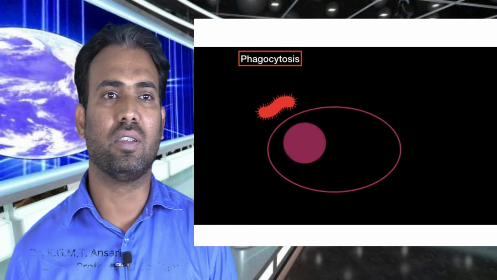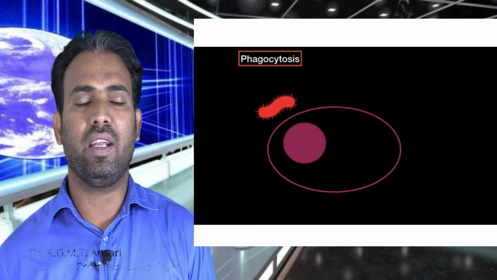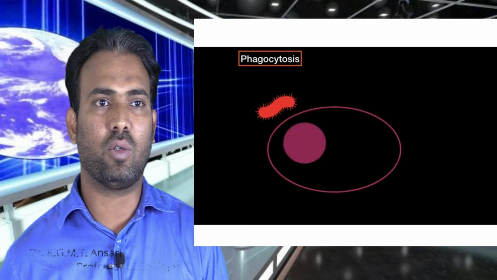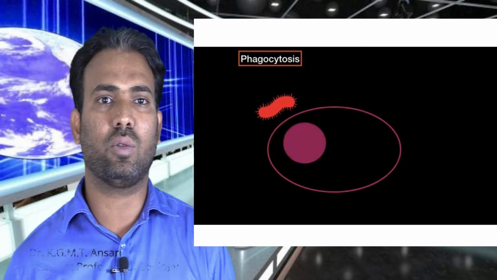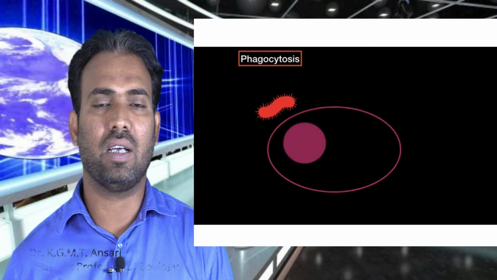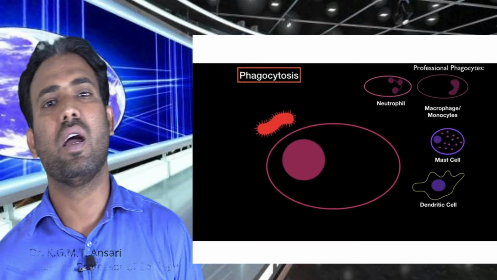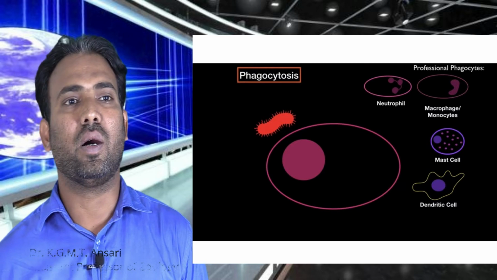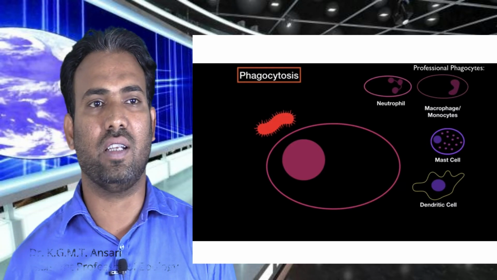So in the next slides we will see how it works and why it is important in immune responses. Here I see the phagocytosis reaction: one cell with a nucleus, and another one, a microorganism, which is causing damage to the cells.